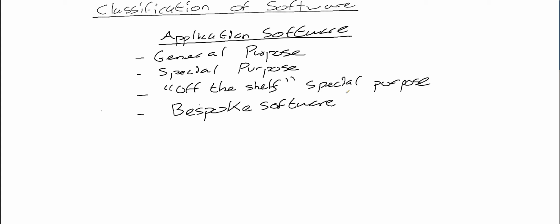And that's in contrast to bespoke software, because bespoke special purpose software is generally commissioned by a particular individual or organisation. They go and ask a software developer to say, "Here's some money. I want you to develop this particular piece of software that only I need," and that's what bespoke software is. So an example of that might be the scan as you shop software that you might see in a variety of supermarkets nowadays.